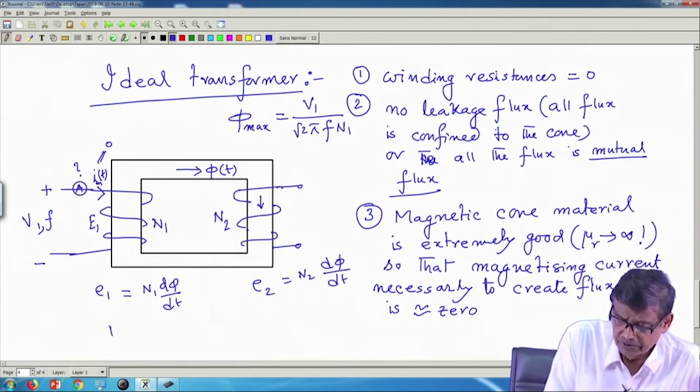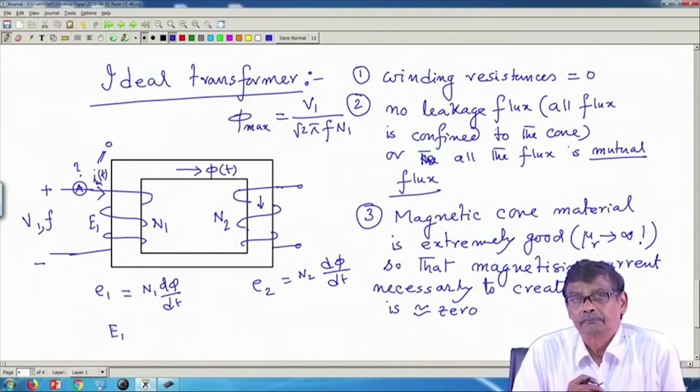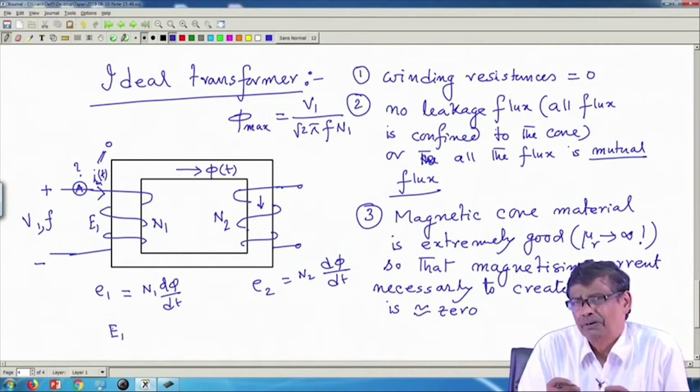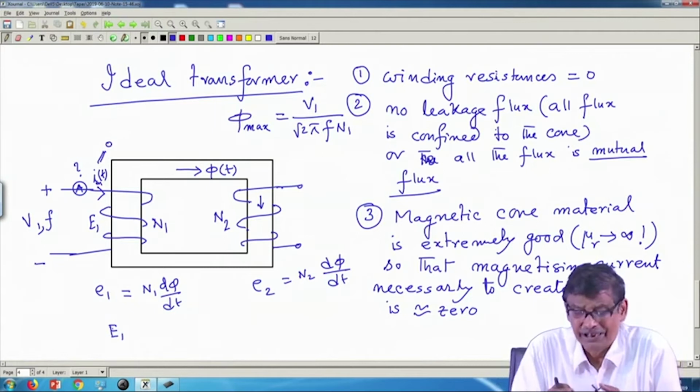RMS value of the induced voltage, see polarity of that voltage I have found it out without thinking so much about that negative sign.